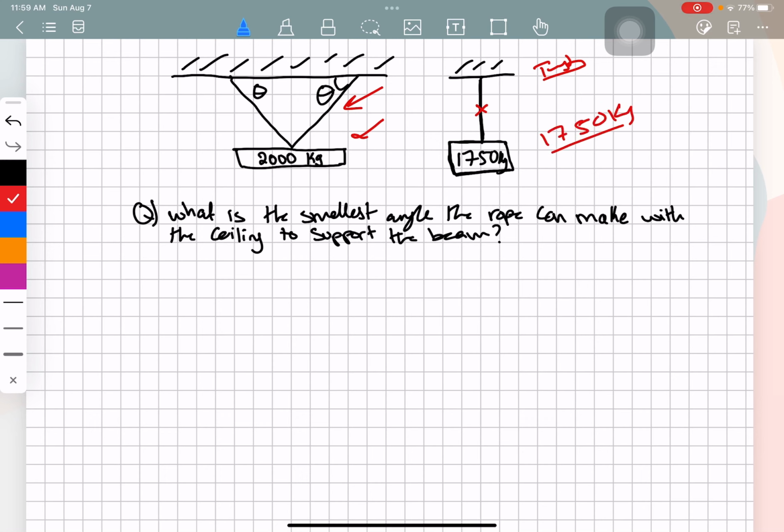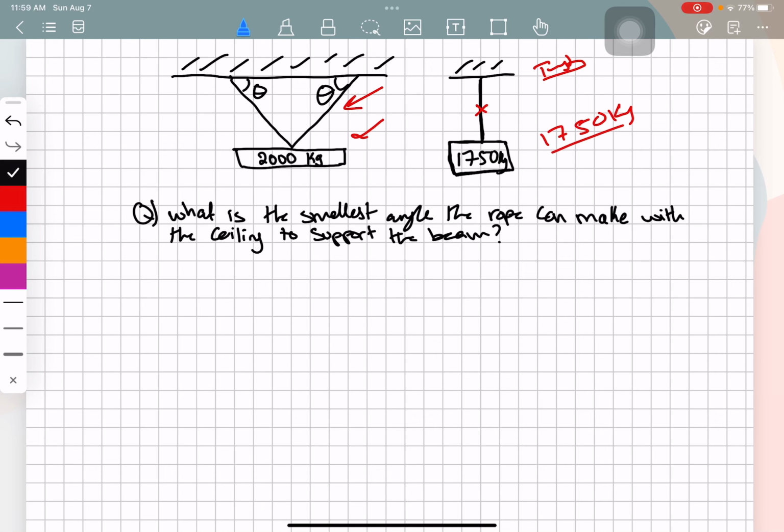A mass of 1750 kg was supported on them and the rope broke, so that is the max they could support. We were asked to find the smallest angles, and those angles are exactly the same. Theta equals theta. So how do we solve this question?